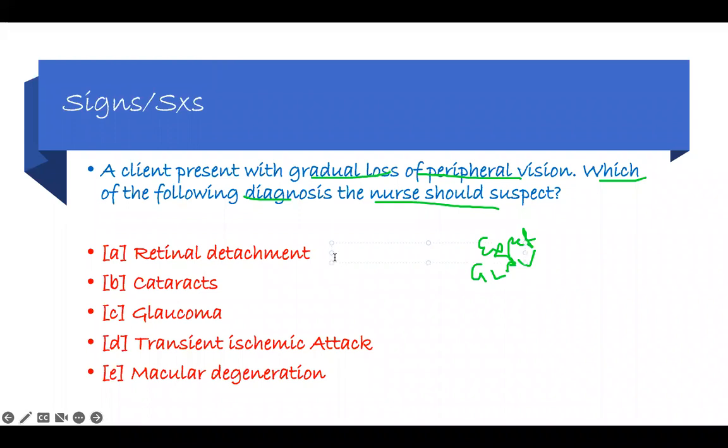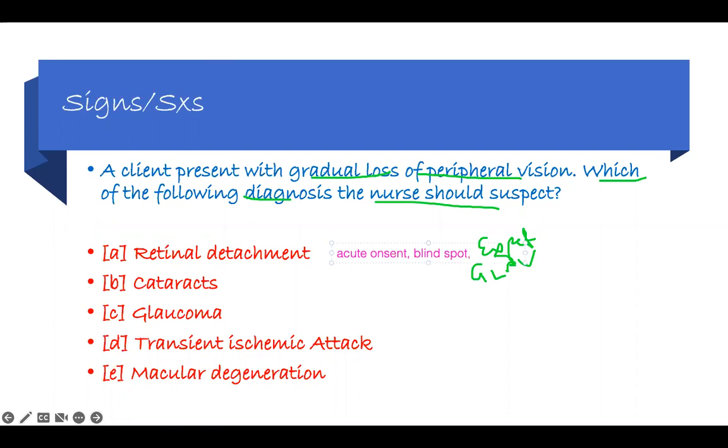For the retina, you see they did not put any pain. Retinal detachment is an acute onset of pain, and usually they have floaters, or they will see a spot, or a blind spot, completely.